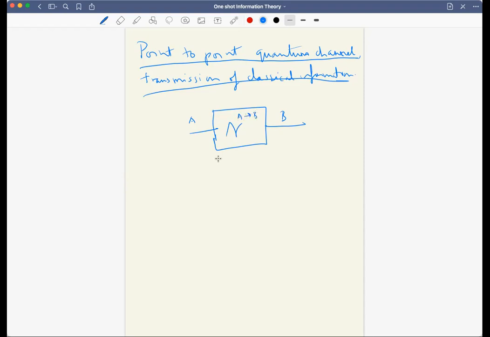So let me write it down once and for all. N from A to B applied to a density matrix rho A is obtained by first tensoring A with some ancilla, ancilla 0 on some system C, and then applying a joint unitary on AC.